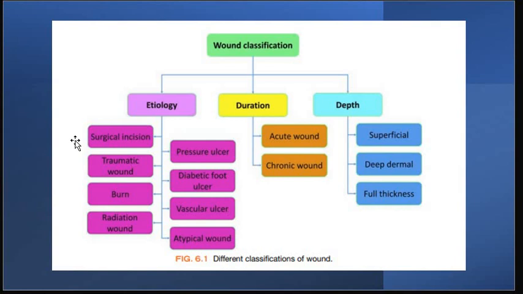Then we label it as burn. But if only the superficial layer of the skin is involved, then we label it as burn, and in brackets superficial. And if the epidermis and dermis both are involved, then we label it as burn and in brackets deep dermal.